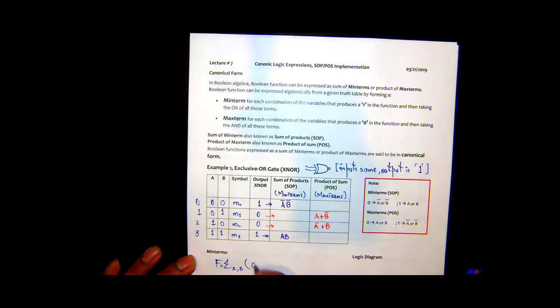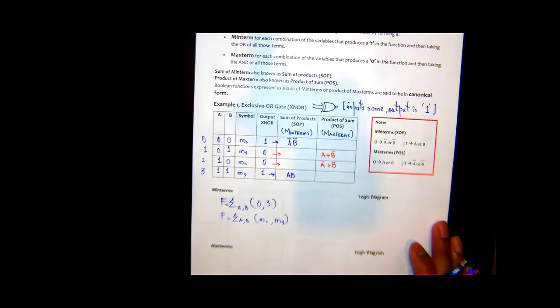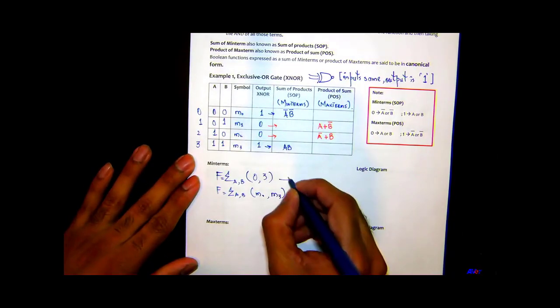Okay, so it will be 0, 3. You can also write it down as M0, M3. Okay, so this is the decimal representation.